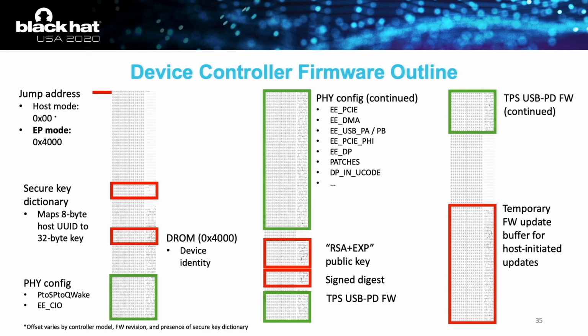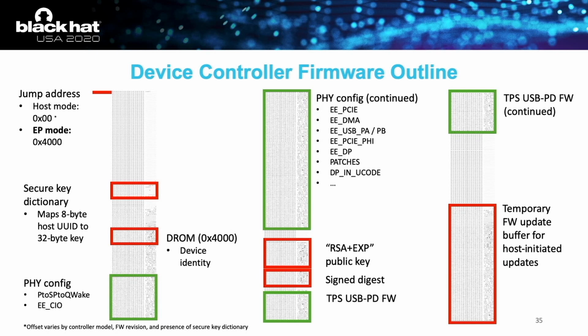So let's have a look at the device controller firmware. We see a jump address on top, which differs depending on the mode that the controller is running in. There's a secure key dictionary, which maps an 8-byte host UUID to a 32-byte key. The DROM section, PHY configuration, the public key, the signed digest, and there's a section which comprises the TPS power delivery firmware.